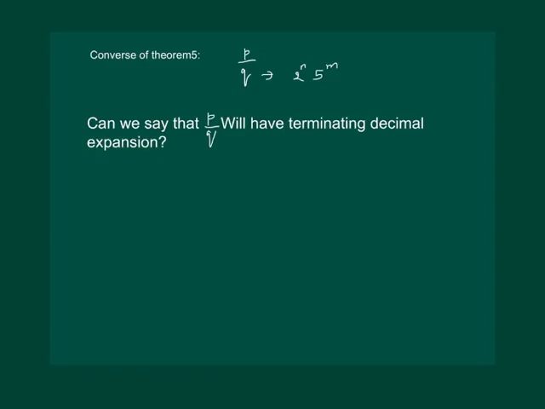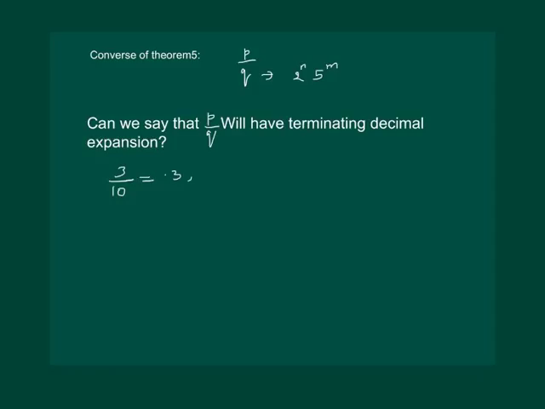So let us try and reach a conclusion. Say we have any rational number 3 by 10. Then since the denominator is a power of 10, we know that it is going to be a terminating decimal.